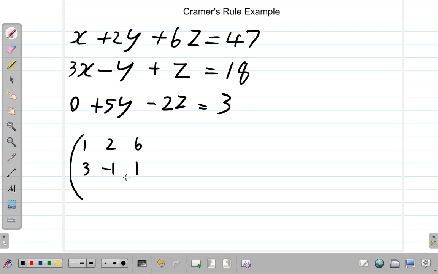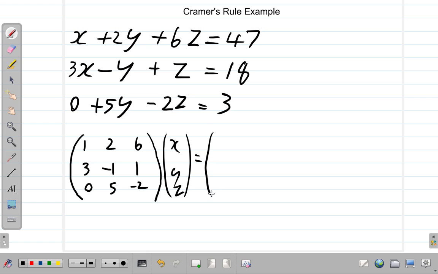You see all of that? Then we have 0 x, 5y, and negative 2z. All right. Now we do have our x, y, and z here. And we have the answer 47, 18, and 3.